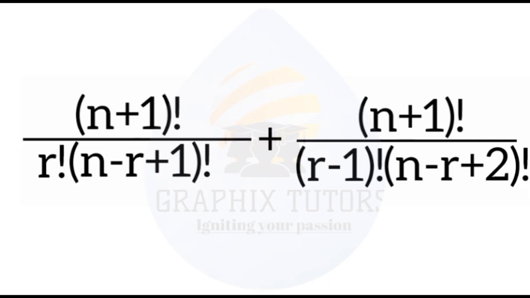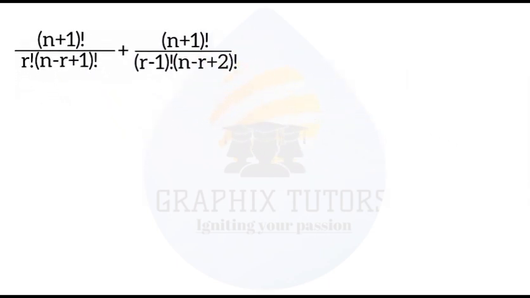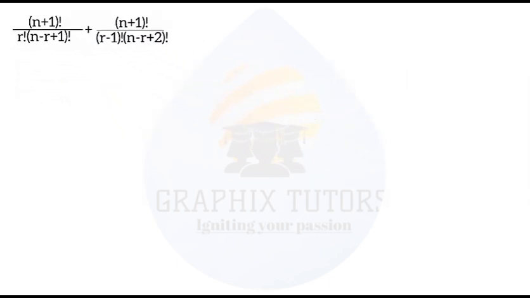Now, the first thing you do is look at the two parts of this question, the left-hand side of the plus sign and the right-hand side of the plus sign. There's something we have in common, and that is (n+1)!. So I'm going to factorize it by bringing it out.